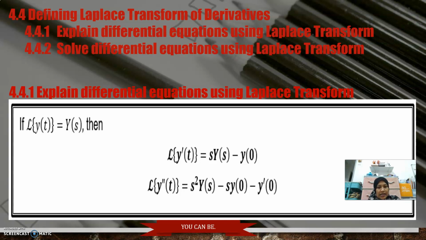So now let's take a look at 4.4.1, explain differential equations using Laplace transform.